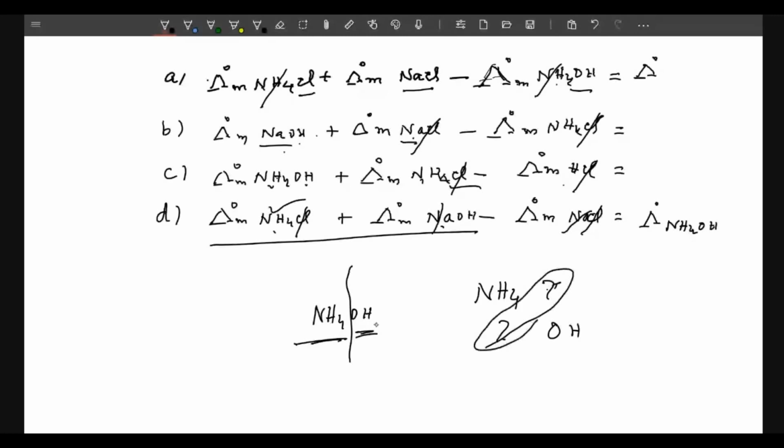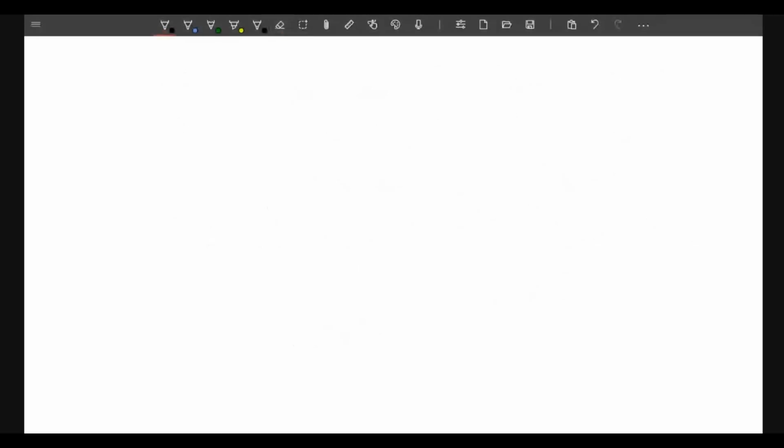Then take down the next one. Which of the following expressions correctly represents the equivalent conductance at infinite dilution of aluminum sulfate?